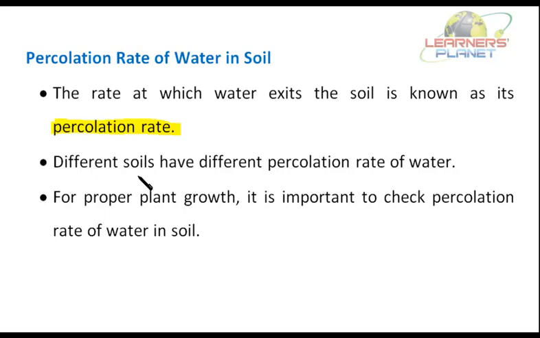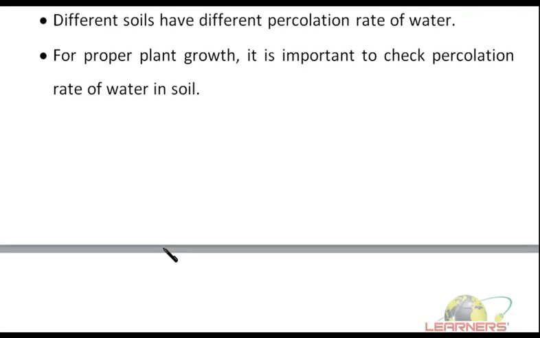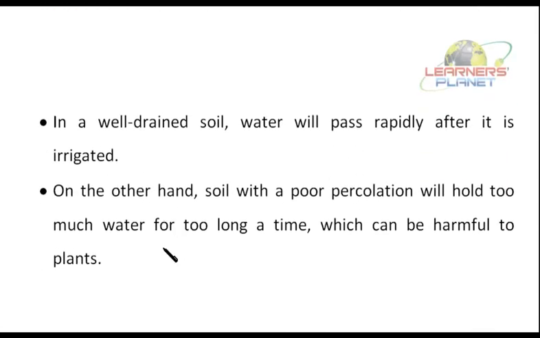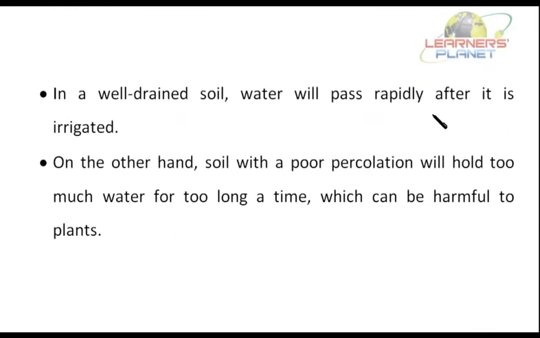Different types of soils have different percolation rates of water. So for proper plant growth, it is important to check the percolation rate of water in soil. Because in a well-drained soil, water will pass rapidly after it is irrigated.